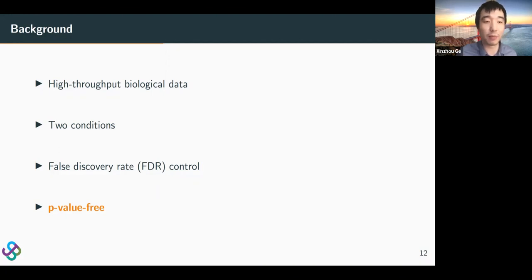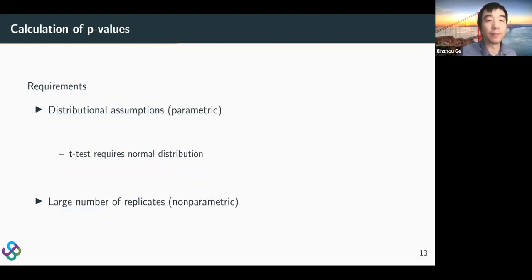However, we find that there are some limitations for these p-value based methods for false discovery rate control. The p-values either require distributional assumptions or a large number of replicates; here replicate means samples for each condition. So we first look at the distributional assumptions.